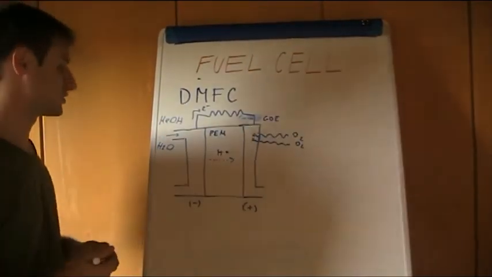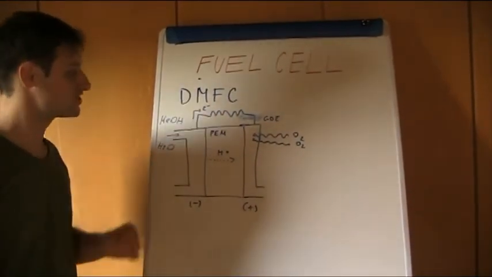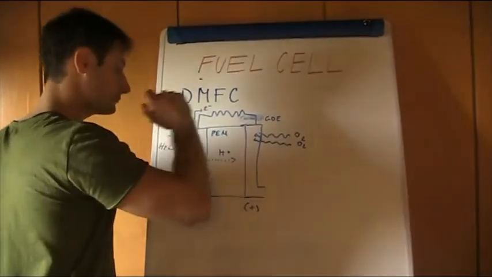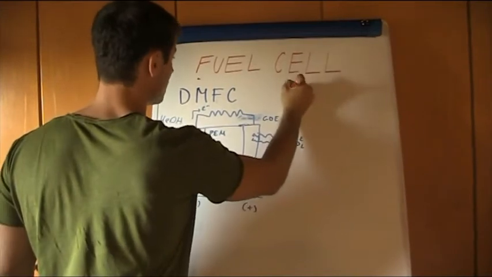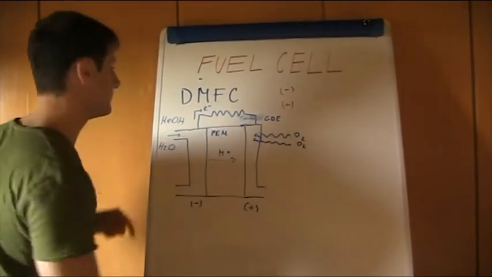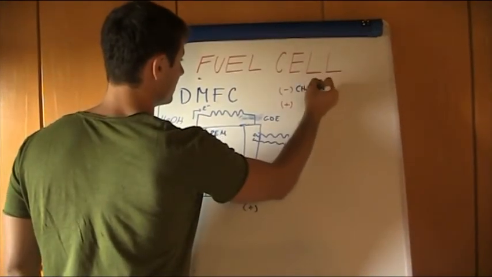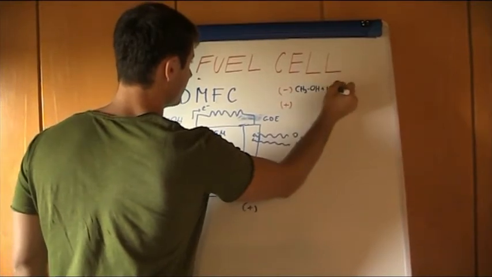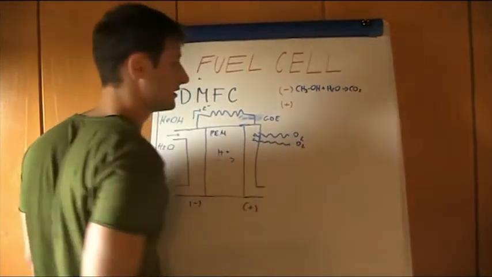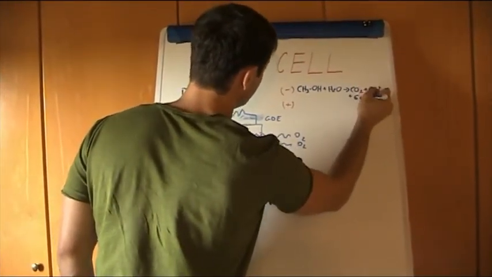So why is water so important? Water is mandatory in this type of fuel cell, the direct methanol fuel cell. Why? Because if we now define the reaction, the oxidation of methanol is due to the presence of water. So we have methanol plus water that leads to the release of carbon dioxide plus 6H+ plus 6 electrons.